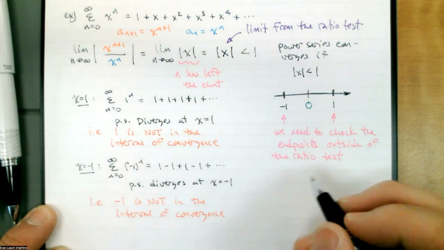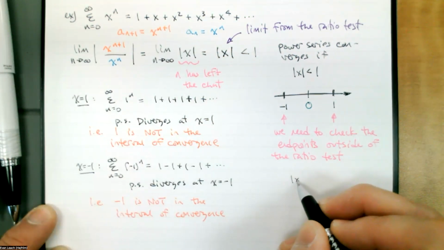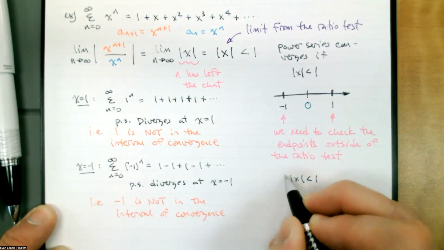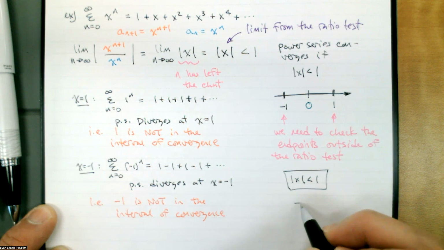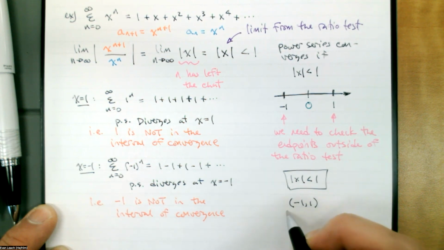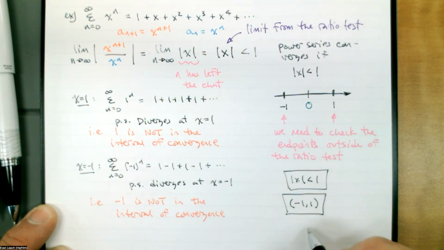So our interval of convergence we can write in absolute value notation: the absolute value of x has to be less than 1. We could write it in interval notation: -1 to 1, not including -1, not including 1. We can write just a regular inequality: x is strictly less than 1 and strictly greater than -1.